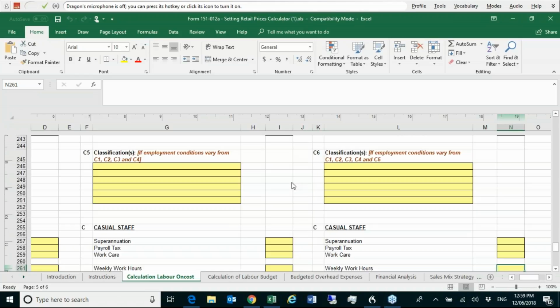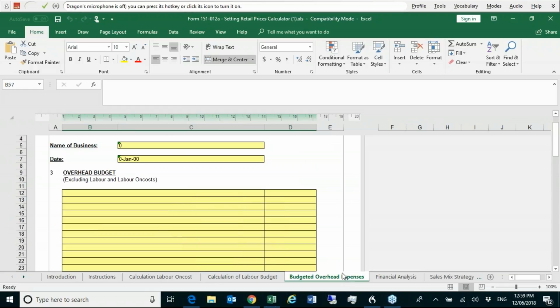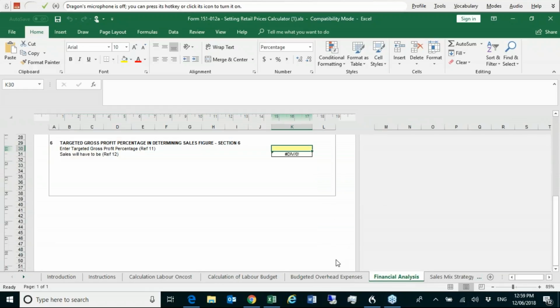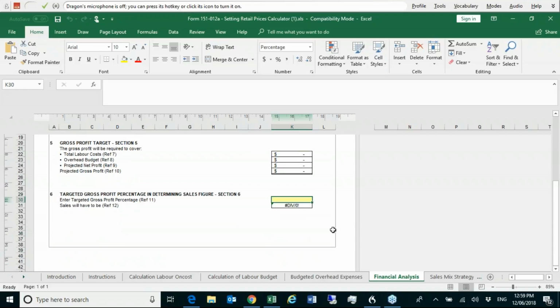The on-cost calculation is exactly the same as the previous one, as is the calculation of the labour budget. It's all got to get transferred. We've got to look at the overhead expenses and then the financial analysis. First of all, the calculation of return on investment, then determining the projected gross profit, and then the gross profit percentage.